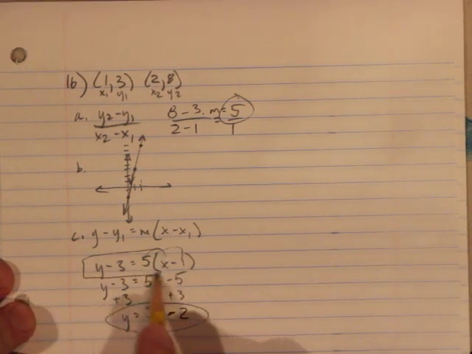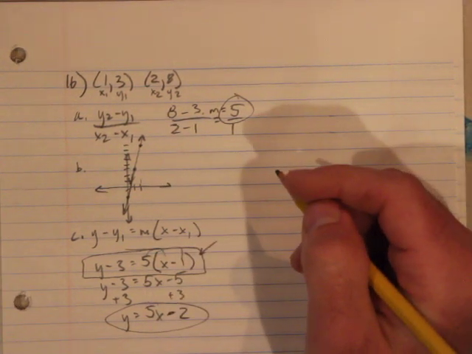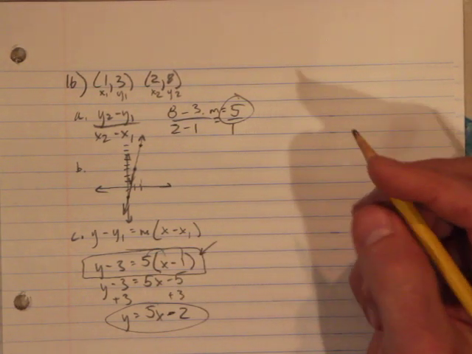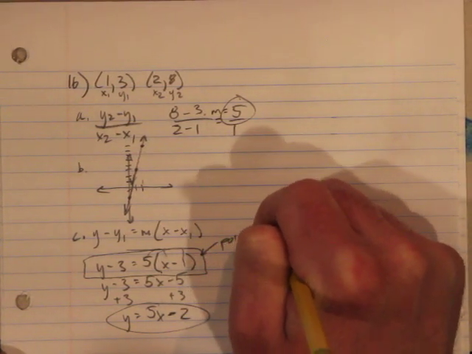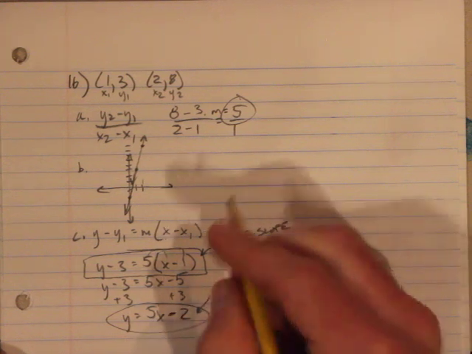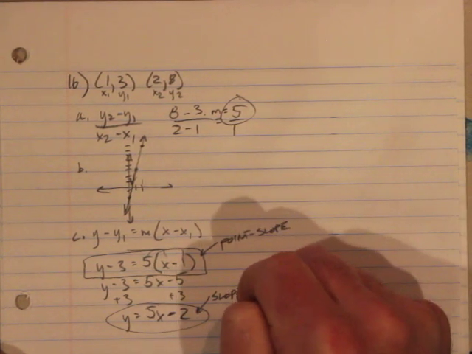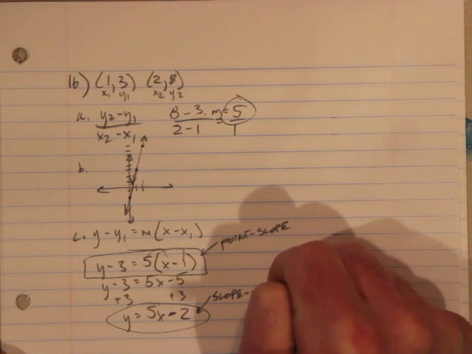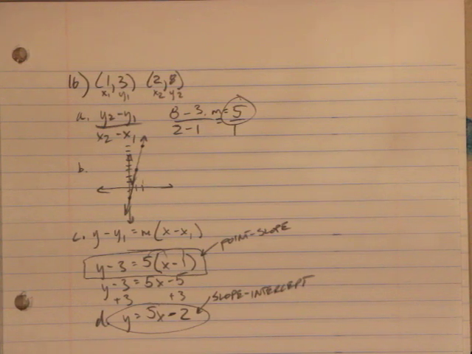Here is the point-slope form. And I just automatically went to the slope-intercept form because I like slope-intercept way better than point-slope. And so that is D right there. We took care of C and D both together.